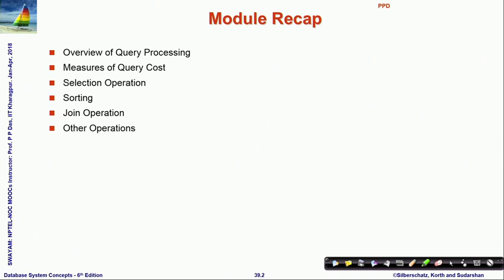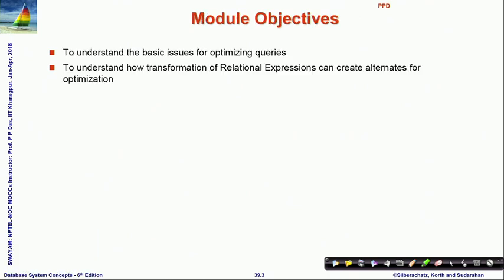And then we took a look into how certain SQL queries like selection, sorting, which is required for other operations, different join operations, aggregation and those kind of operations can be processed in a structured way. In view of this, in this module, we would like to understand the basic issues of optimizing queries.